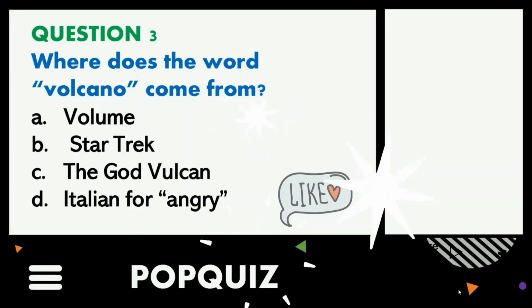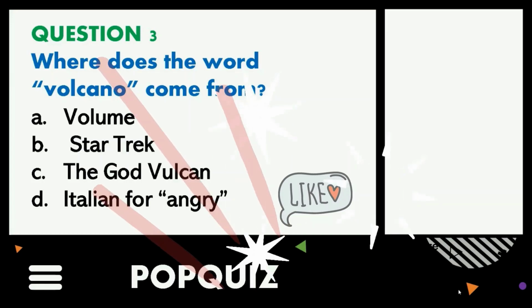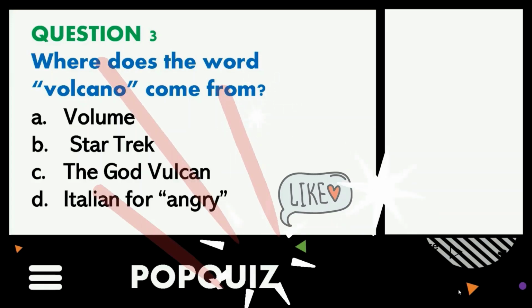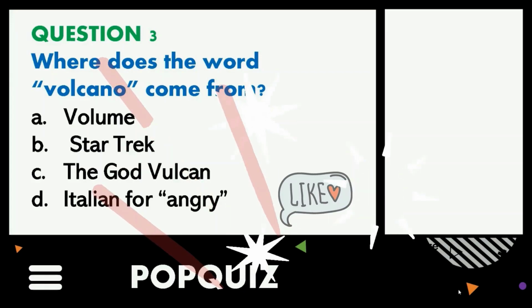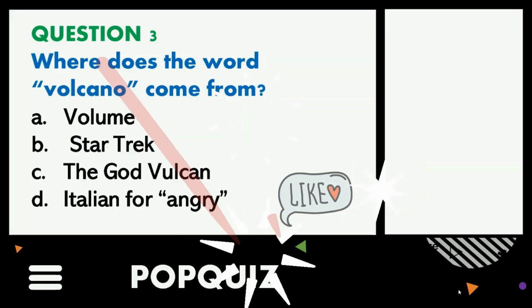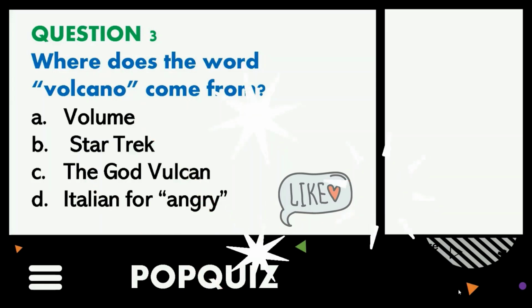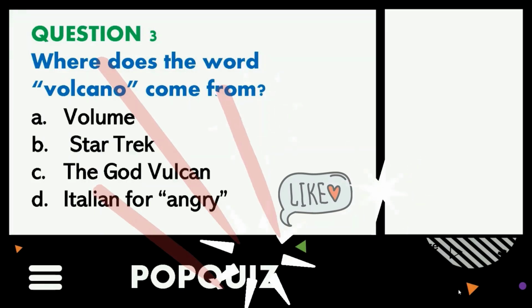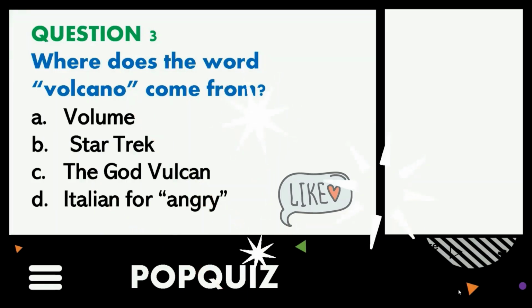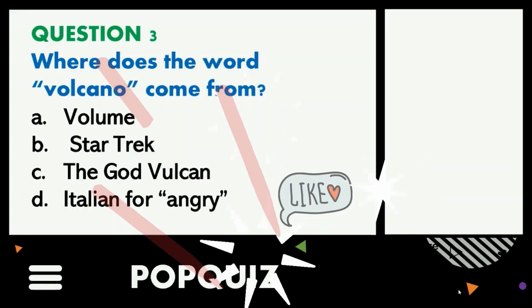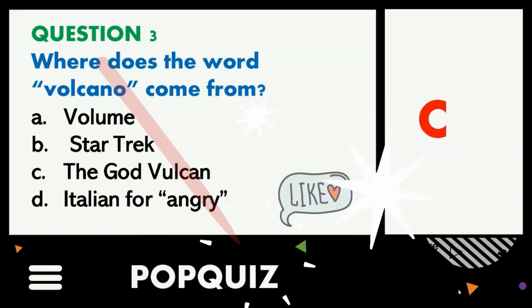Where does the word volcano come from? Is it A, volume, B, Star Trek, C, the god Vulcan, or D, Italian for angry? Go! And the answer is C.